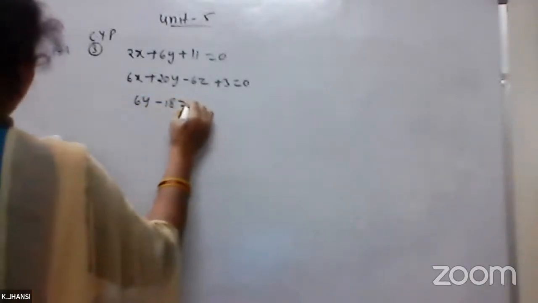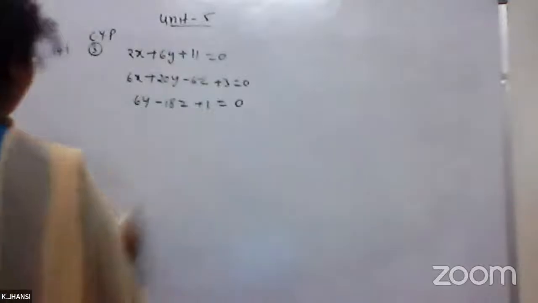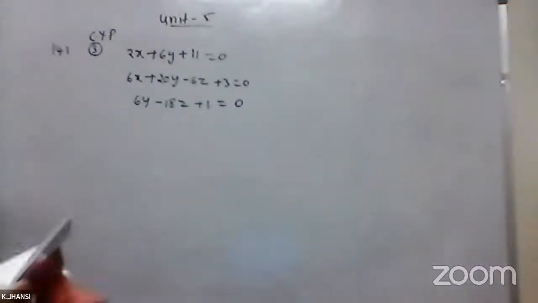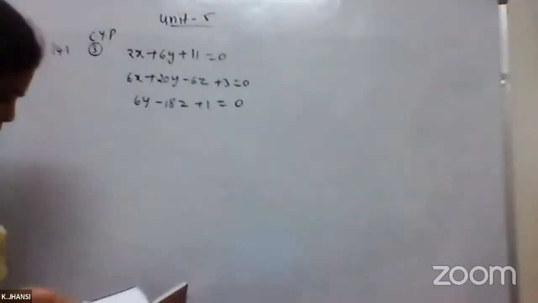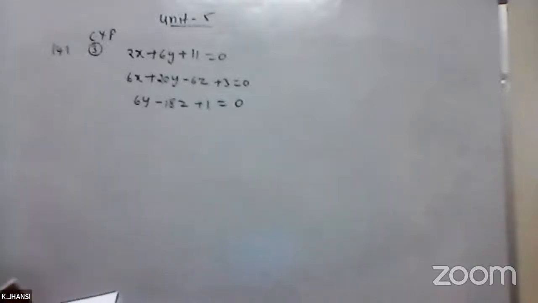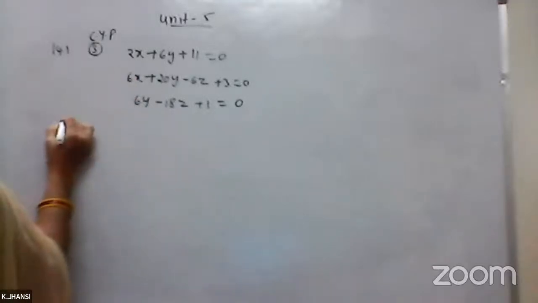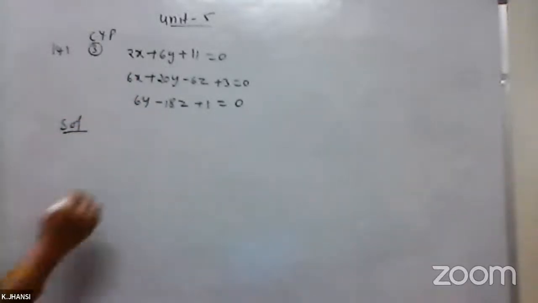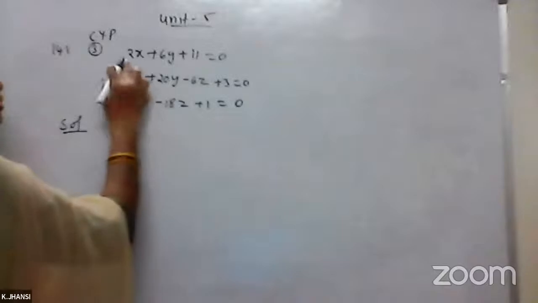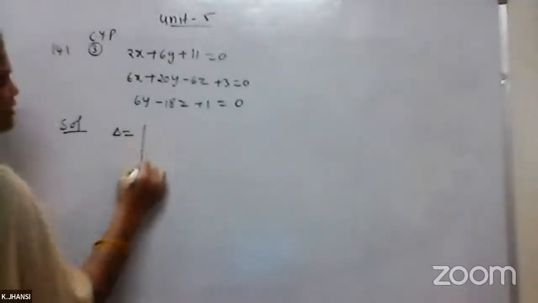Minus 18z plus 1 equals 0. Here the x value is not there. Okay. So first you write delta, that is delta equals the coefficients of x, y, z.